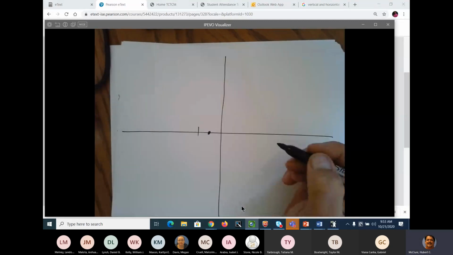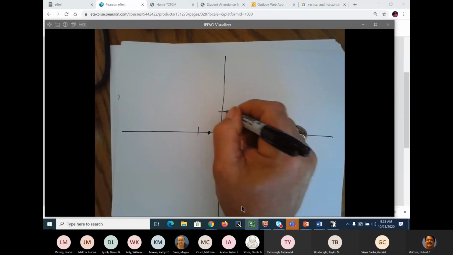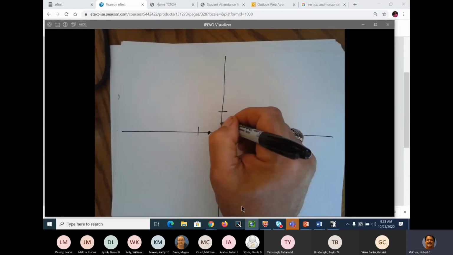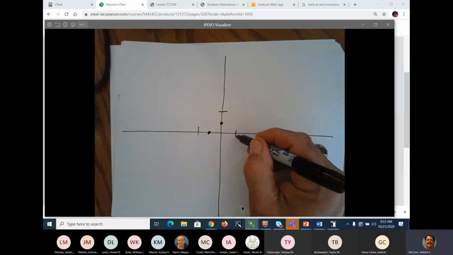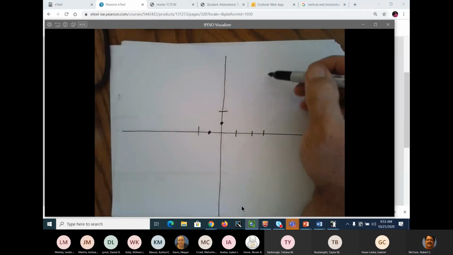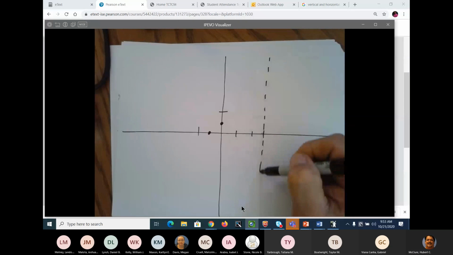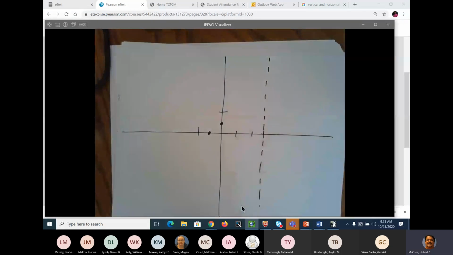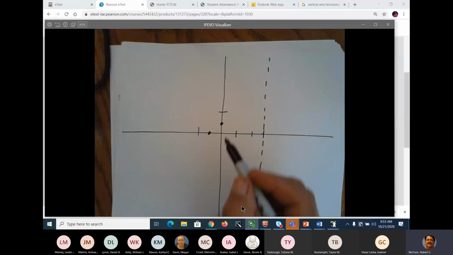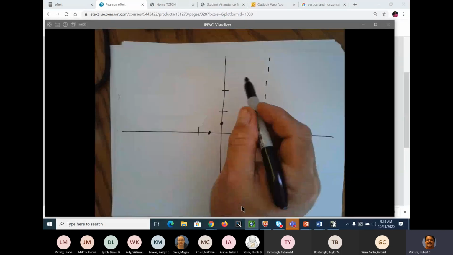And we've got a y-intercept at 0, 1/3. And our vertical asymptote, x is equal to 3. And a horizontal asymptote of y is equal to 2. 1, 2.